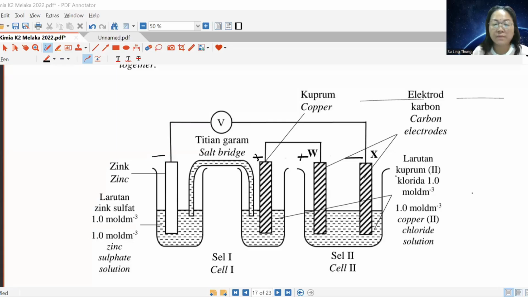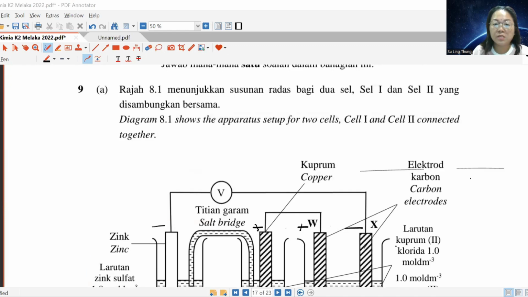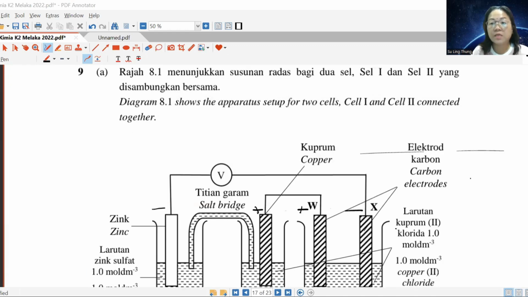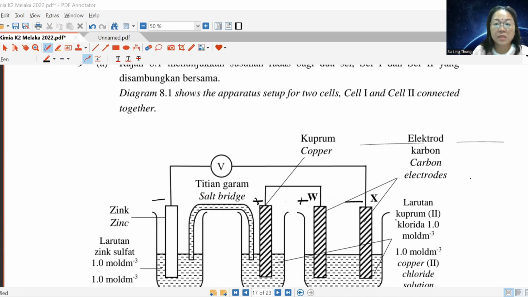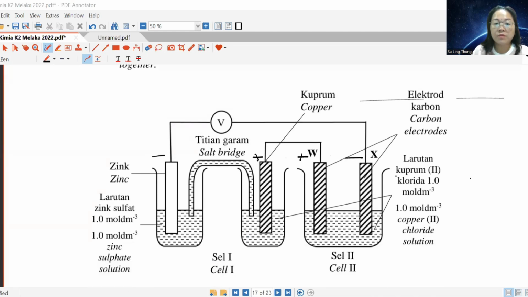All right, we're coming into question 9 here. Okay, so let's look at question 9. So this question 9 is a voltaic cell actually, and it shows the apparatus set up for 2 cells, cell 1 and cell 2, which is connected together. And basically in this particular cell, we find that zinc is where we should start labeling our entire circuit.